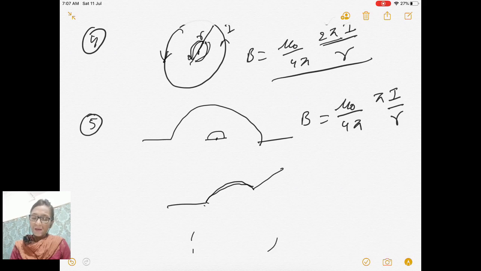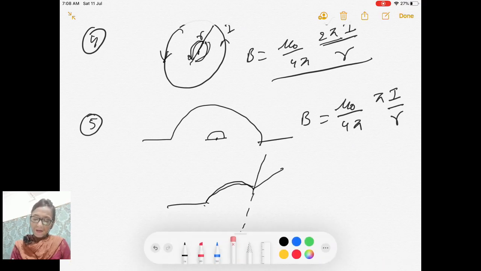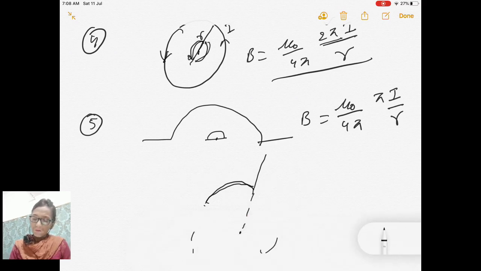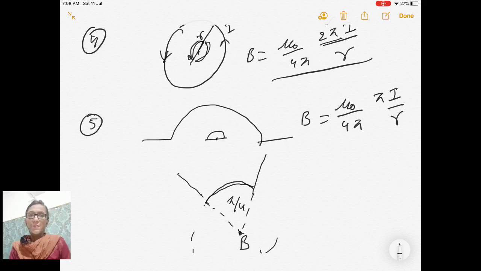So what will be the magnetic field at the center, at this point? This angle is pi by 4. So we keep in mind that the angle should always be in radian and should not be in degree.